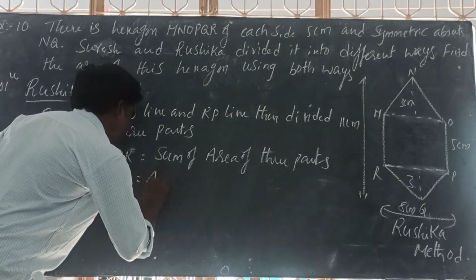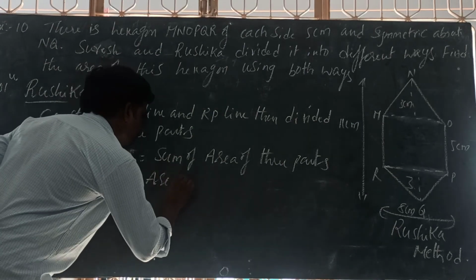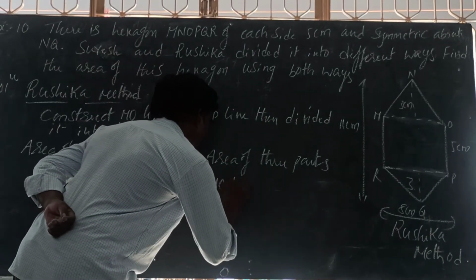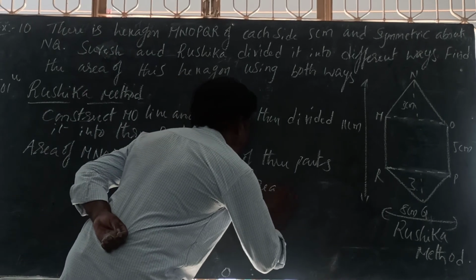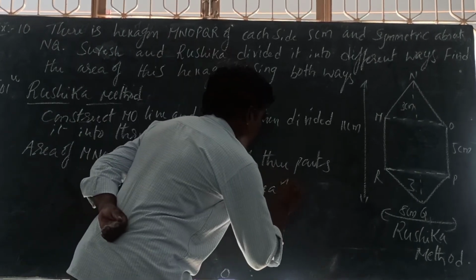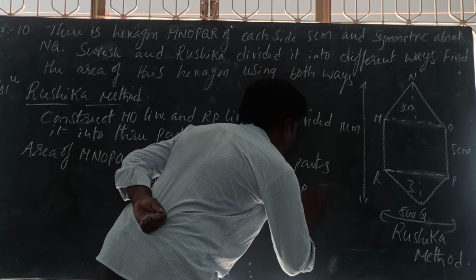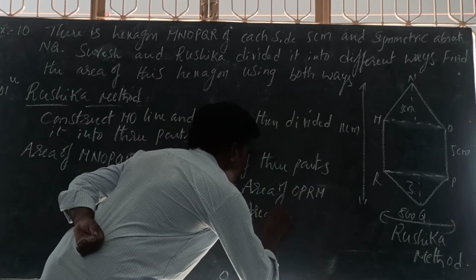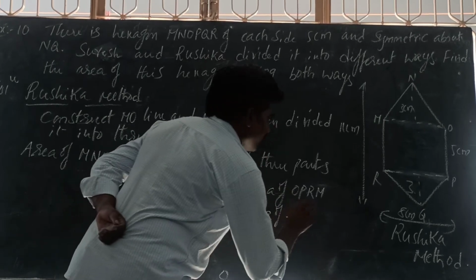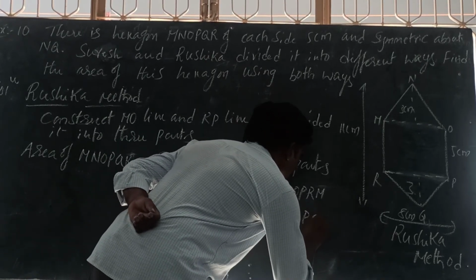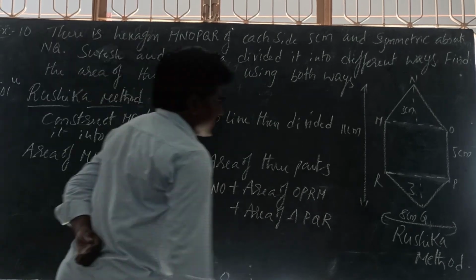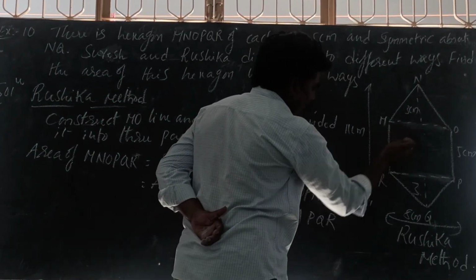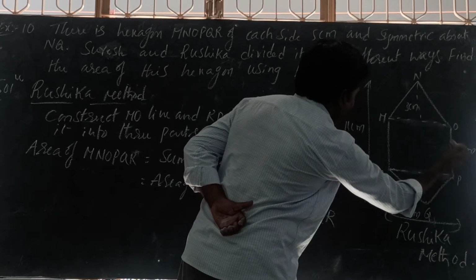So that is the area of triangle MNO plus the area of rectangle OPRM plus the area of triangle PQR. So this is the height, this is the base. Height, base. For the rectangle, this is the length, this is the breadth.